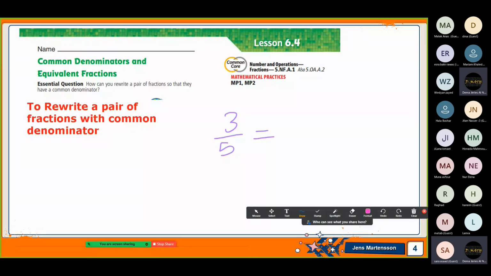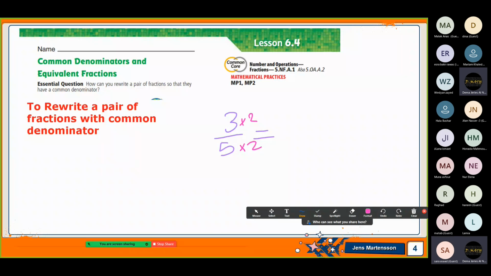Who can tell me? Multiply by 2. Bravo. You will multiply it by 2 or by 3 or by 4, any number you want. You just multiply the numerator by 2, and since you multiply the numerator by 2, you must multiply the denominator by 2.